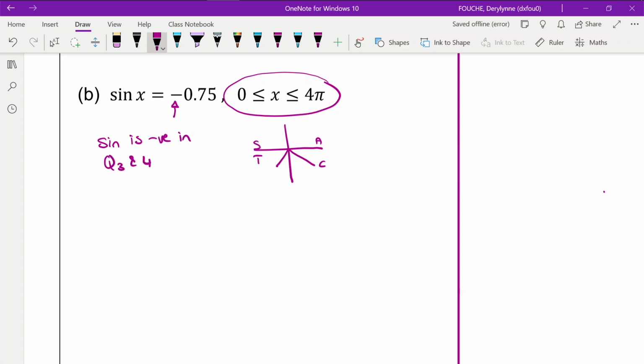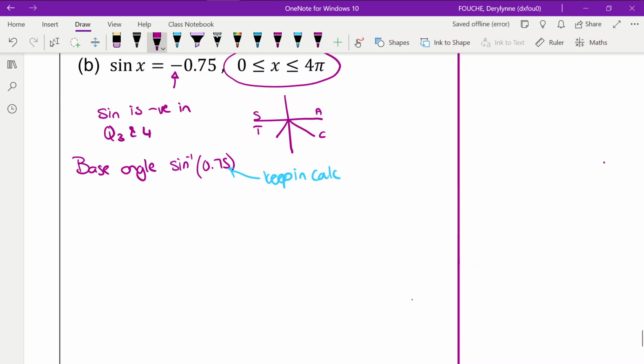Now my base angle is going to have to be inverse sine of 0.75, because if I find that value, I'll be able to find what my angle x is. But that's not going to be an exact number, so we're going to keep it in our calculator so that you don't get rounding errors.